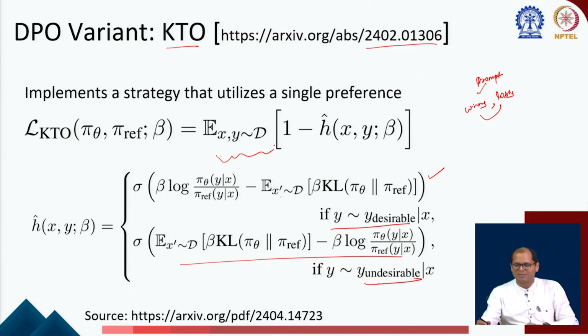So you start from a base model, the ref model, and using the user preference data, you take it to pi theta that aligns to user preference, because the objective is that it will start giving a higher probability to the preferred things than what the ref model is doing, and a lower probability to the not so preferred things than what the ref model is doing.